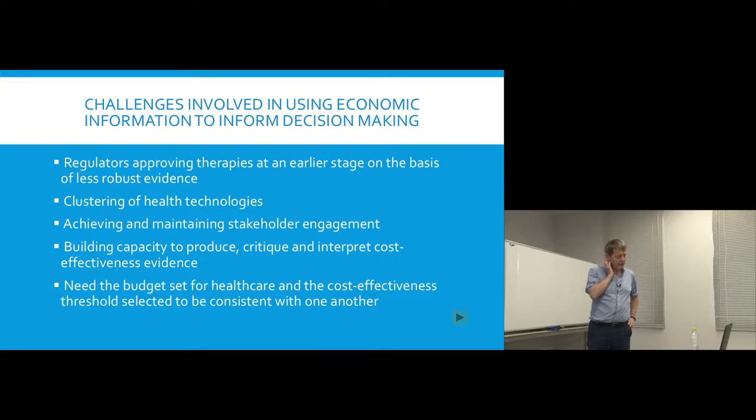They're obstacles to getting a robust estimate of cost effectiveness. So they're obstacles to producing the data. They're obstacles to producing the number, the result. The next set of challenges are challenges involved in using economic information, so not the creating of it, but using it. Once information exists, the challenge is involved in using economic information to inform decision making.